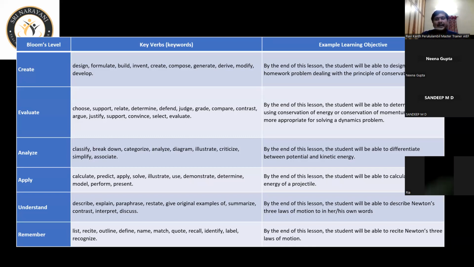And finally, in the creative stage, the student will be able to design an original homework problem dealing with the principle of conservation of energy. So finally, it's a creative level wherein the child himself or herself comes up with something new about the concept. So this was all about Bloom's taxonomy and verbs.